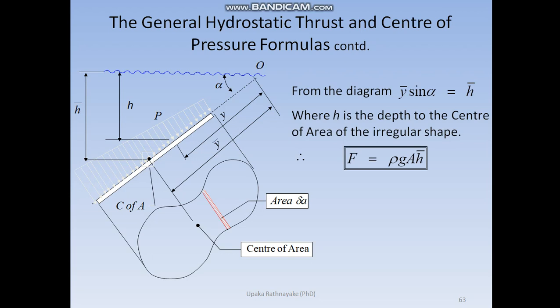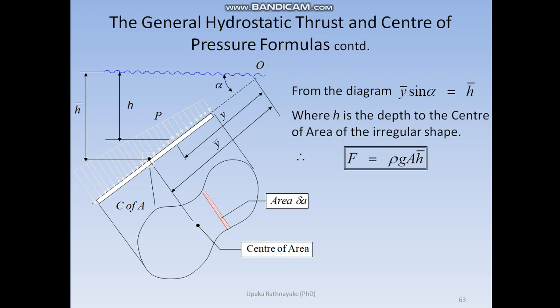Now let us understand these terms. The hydrostatic force on a generic surface which is inclined is equal to rho g A h bar.